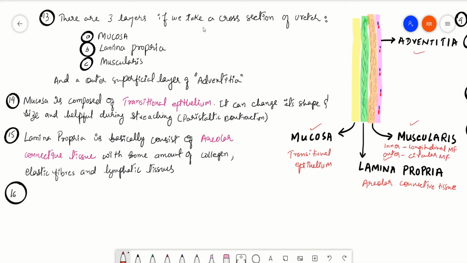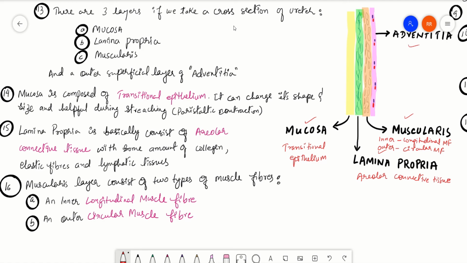And interestingly, this is just opposite to the gastrointestinal tract, where in the inner there will be circular muscle fiber, and in the outer there will be longitudinal muscle fiber.